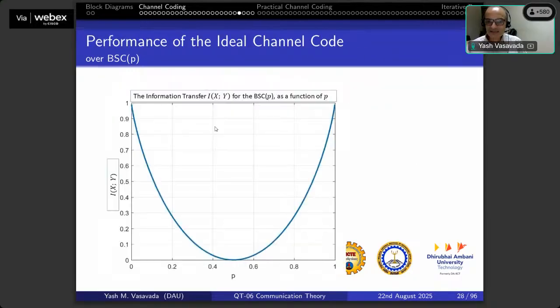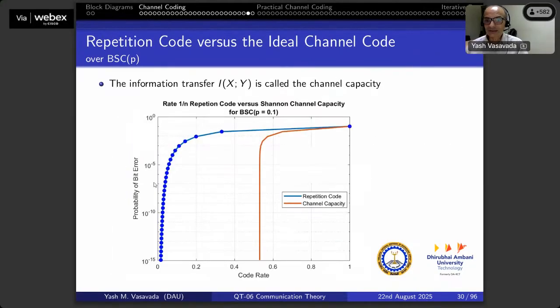What this analysis says is that if P is equal to 0.1, then your rate, which is this information transfer rate, doesn't need to be any less than 0.5 for you to get error-free message delivery. The achievable rate becomes this red colored line instead of the blue colored line. The repetition code is highly inefficient versus the actual achievable result.